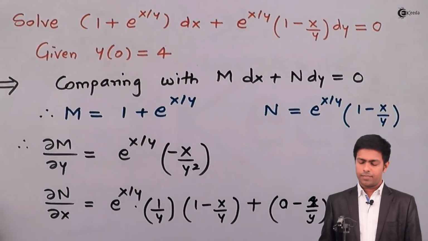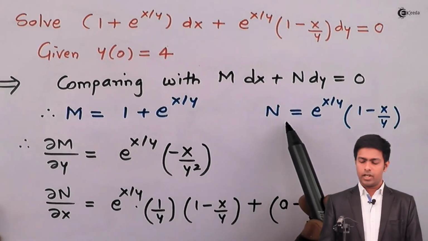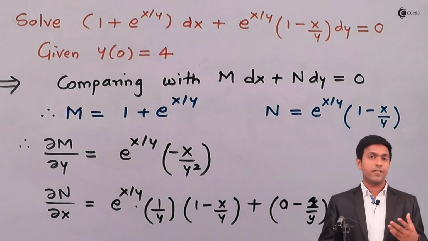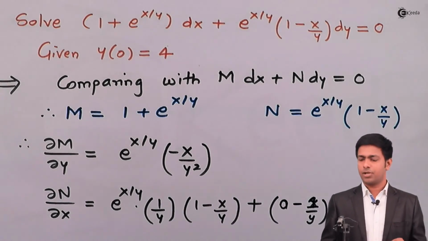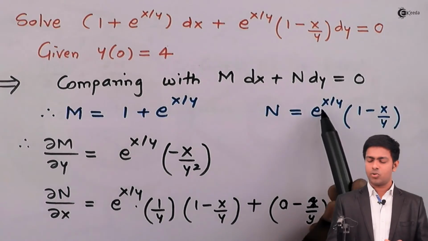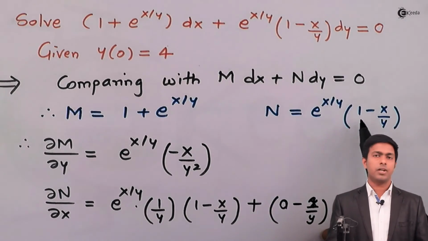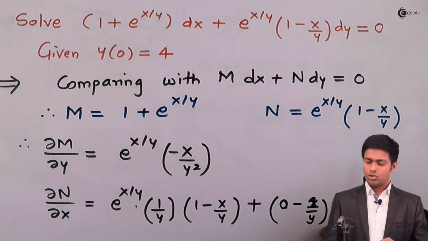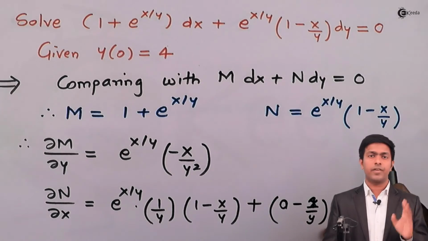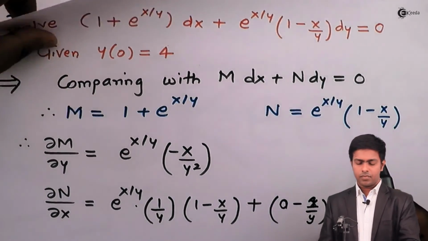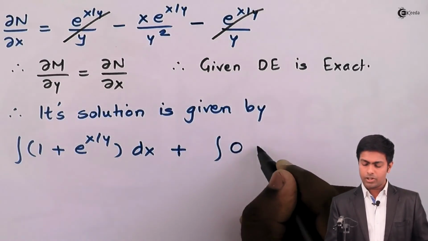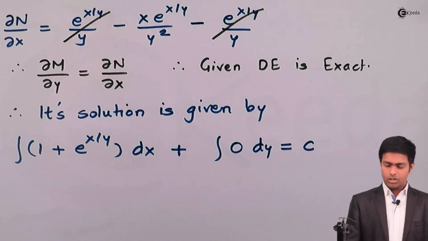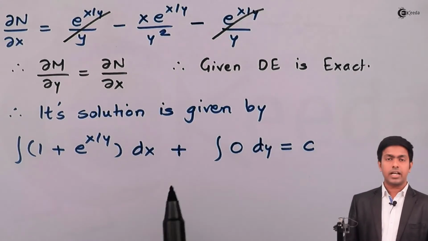If you check n, we don't have a single term which is free from x. Now you must be thinking, sir, 1 is free from x. But don't make a mistake, because if I multiply this bracket with e raised to x upon y, then the first term will become e raised to x upon y, and then it will have an x term. So I don't have any term which is free from x. So I'll put 0 over there, dy equals c. So I just have to integrate the first integration.